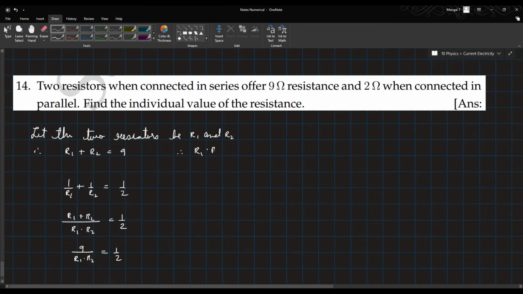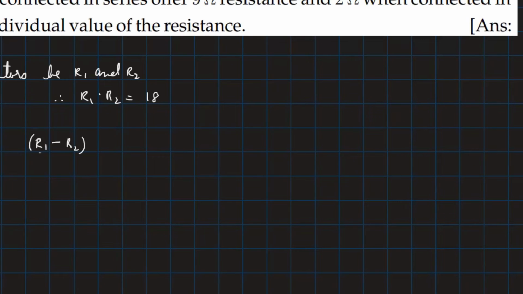So therefore we get R1 into R2 is 18 ohms. So we have these two resistors, that is R1 plus R2 as 9 and R1 into R2 as 18. So there are two ways of solving, with algebra. So let me show you one way. R1 minus R2, the whole squared, is R1 plus R2 the whole squared minus 4 R1 R2.